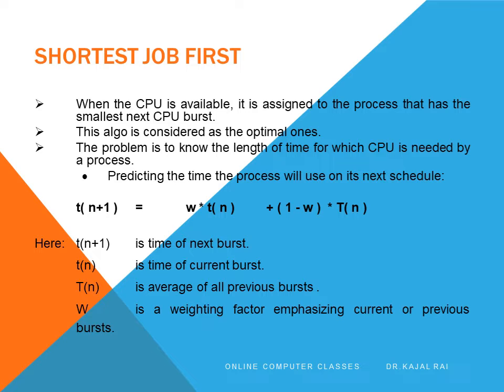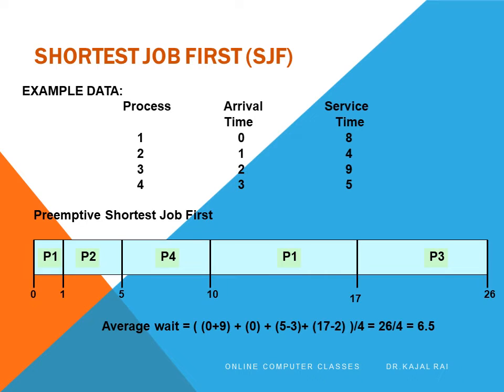It needs to take care of the past, how much time that process got the CPU, so it keeps track of all the previous records and then calculates the CPU for the next burst, and W is the weighting factor emphasizing the current or previous burst. So according to this formula, it calculates how long the next CPU burst will be.